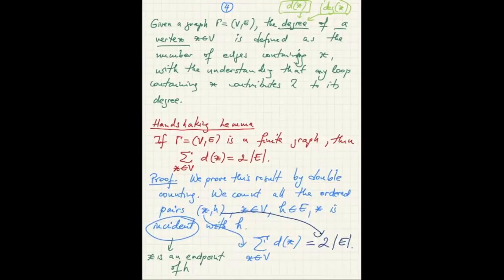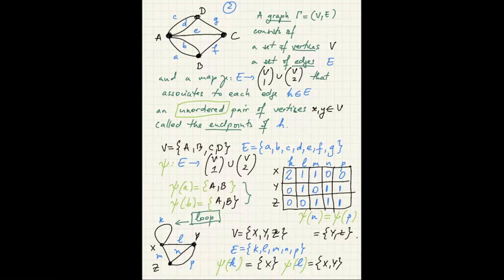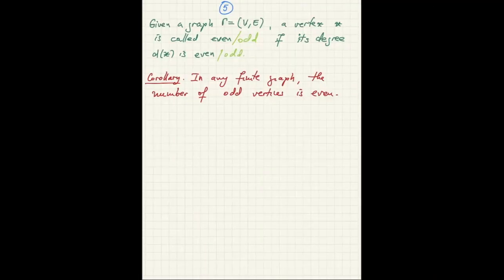Here, for example, all 4 vertices are odd, so the number of odd vertices is 4, which is even. Here you have 2 odd vertices, y and z, so that's also even. So it always happens that the number of odd vertices is even.